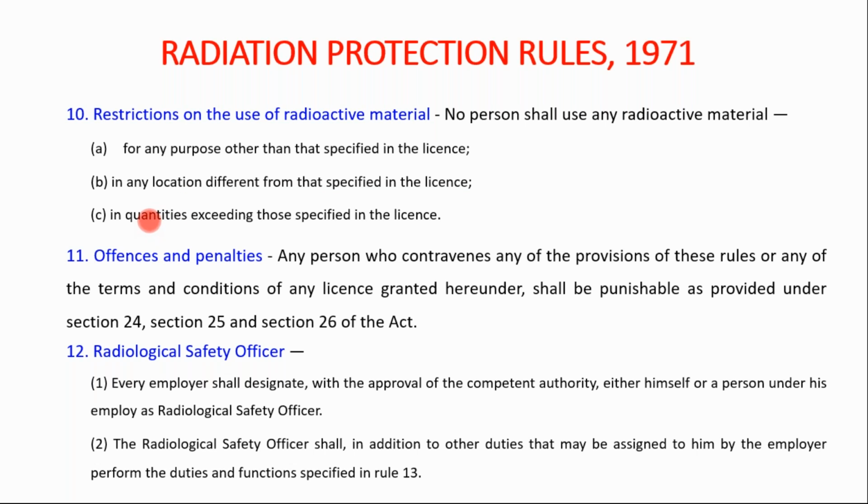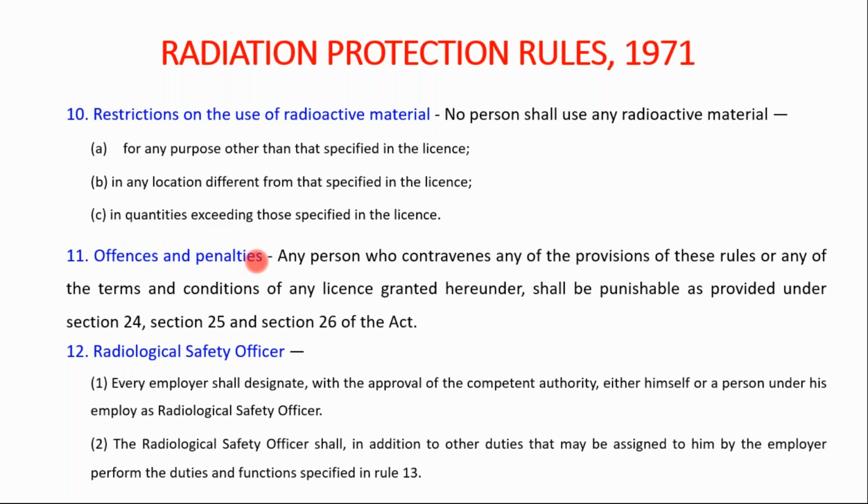So the license clearly mentions the maximum permissible quantity for handling this type of radioactive material. So you have to handle this much quantity only, you can store this much quantity only. So all these conditions are given under this license. These are nothing but the restrictions on the use of radioactive material.